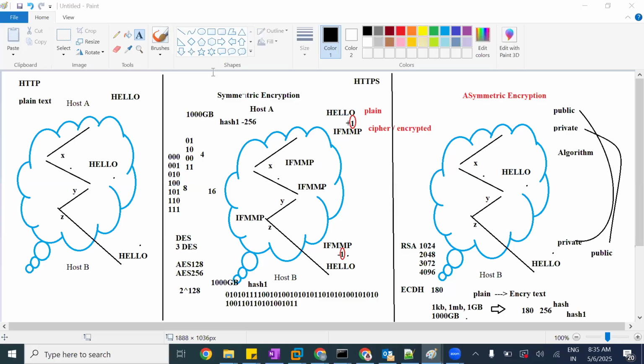Not possible. Same thing here. 1000 GB of data is converted into 256 bits. How can we extract this 1000 GB file from this 256? Not possible. Irreversible. So hashing is irreversible, whereas encryption is reversible.